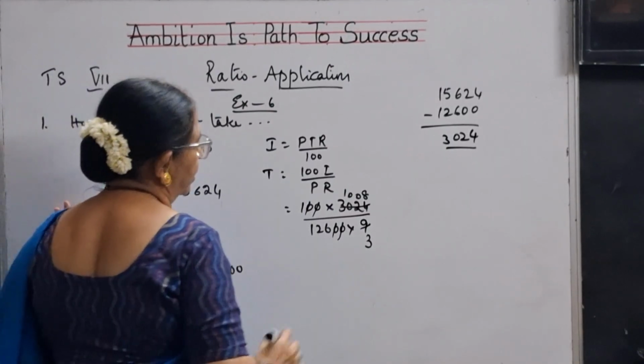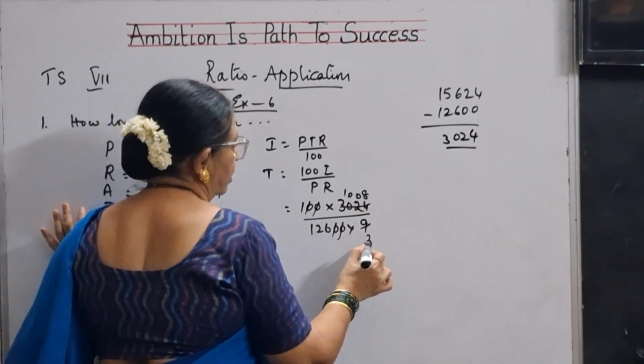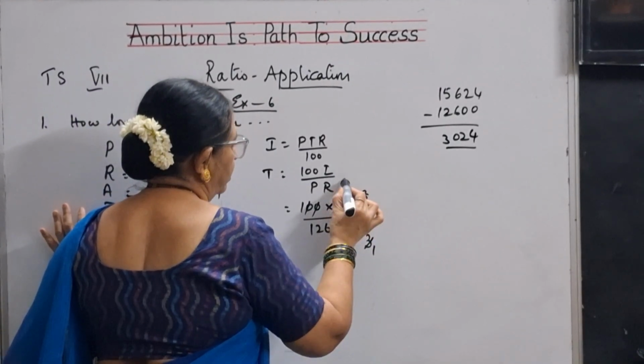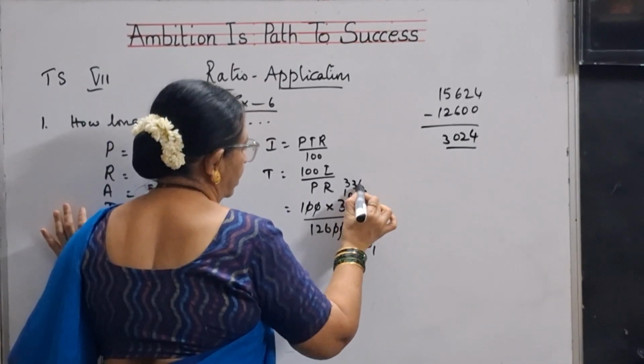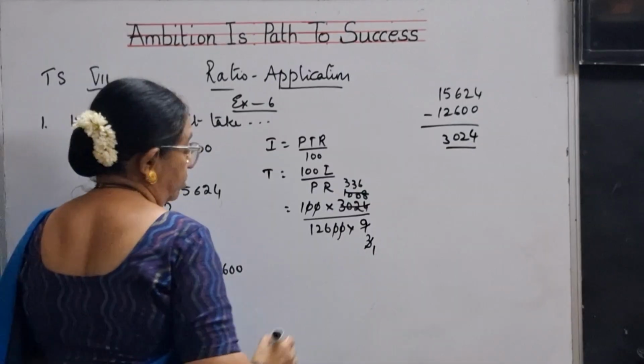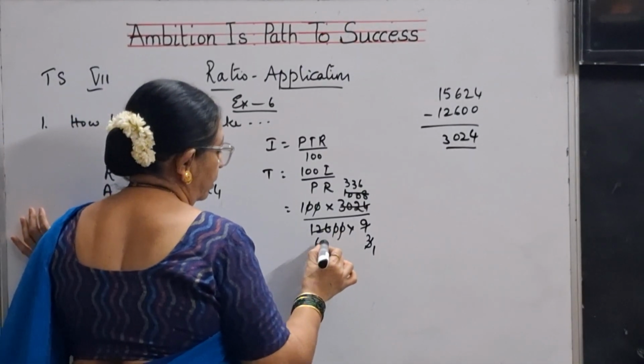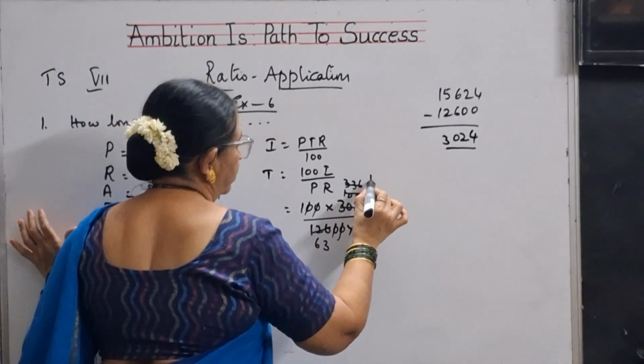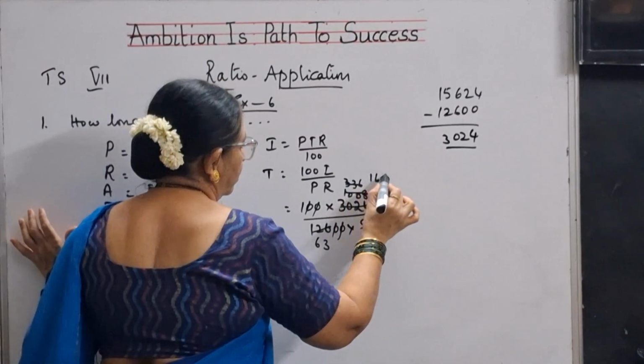So again you can cancel by 3. 3 ones are 3, 3 threes are 9, 3 threes are 9, 3 sixes are 18. So let us see, 2 sixes are, 2 threes are, 2 ones are, 2 sixes are, 2 eights are.